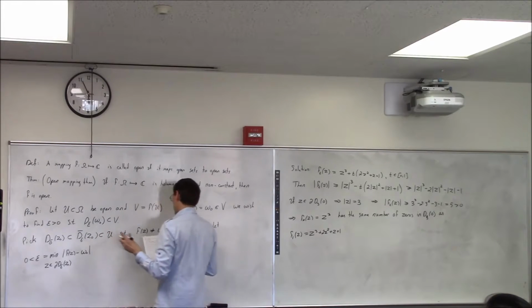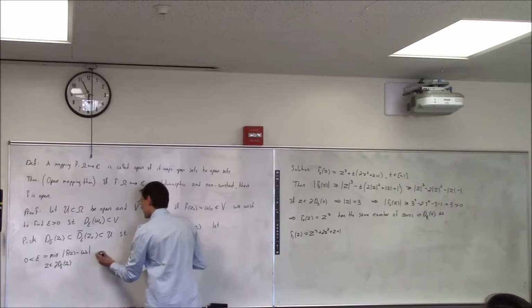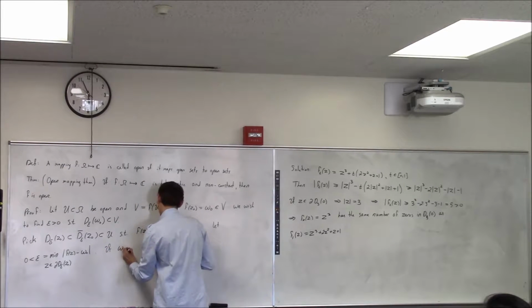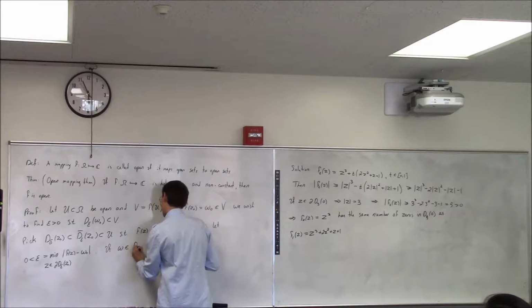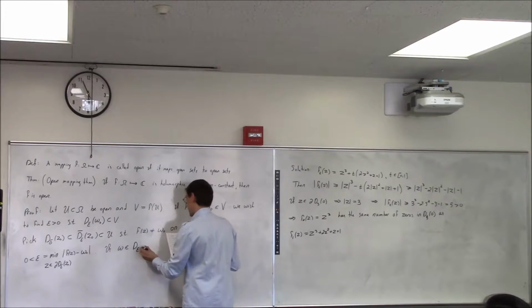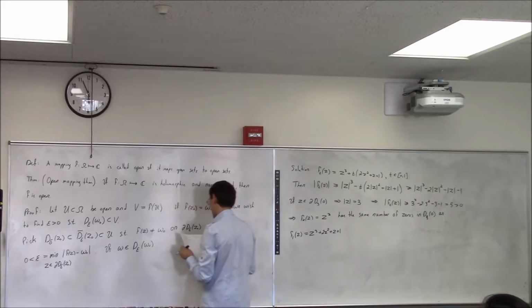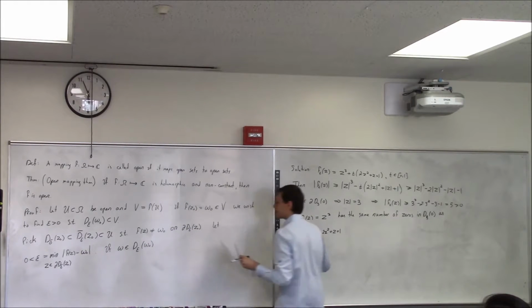Yes, so what we then have is, if w belongs to the disk of radius epsilon around w0, we have the following.